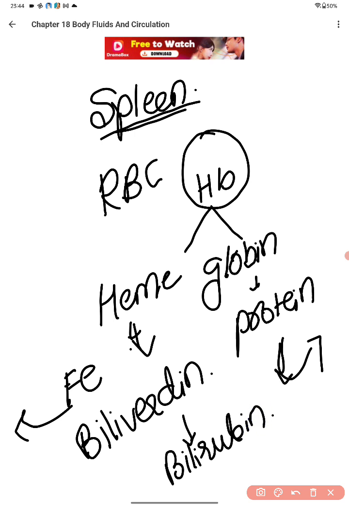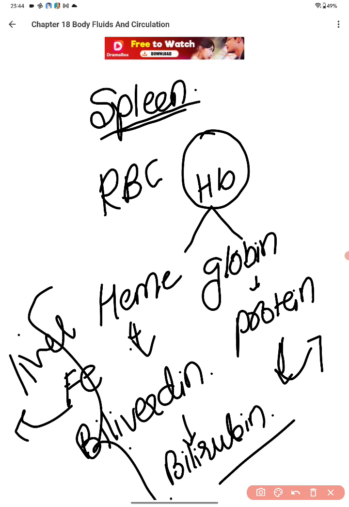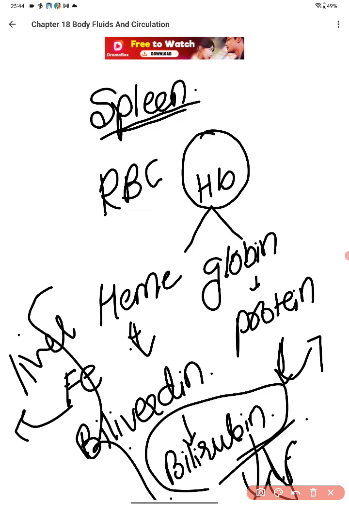Are you getting some clue? Biliverdin is converted into bilirubin. These all happen in your liver. Your liver produces all this, and this bilirubin is then broken down further, and some part comes in the urine and some comes in the stools.